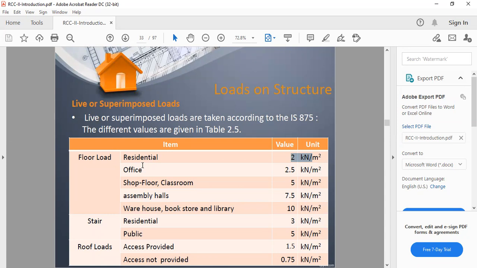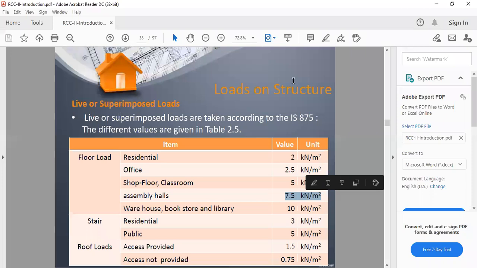For a shop, or even a classroom, you might have more load, and for assembly halls, again the loading will be more. So this is to be considered if we have to design an office slab, a shop, or an assembly hall. You have to consider this loading in that case.